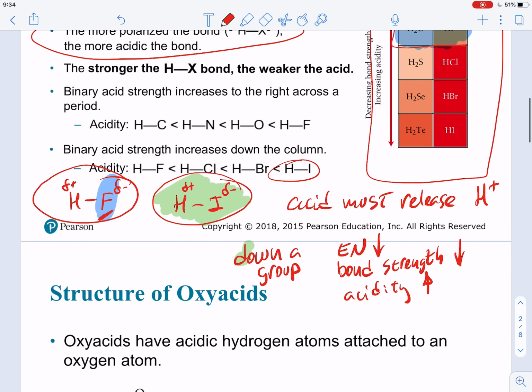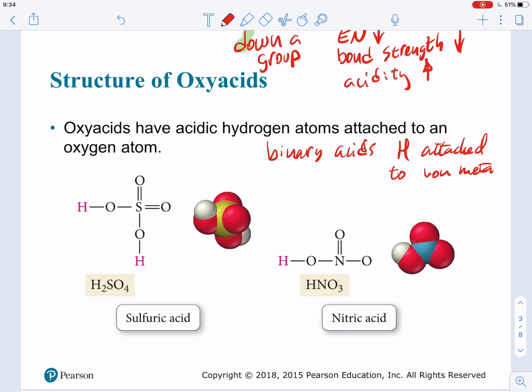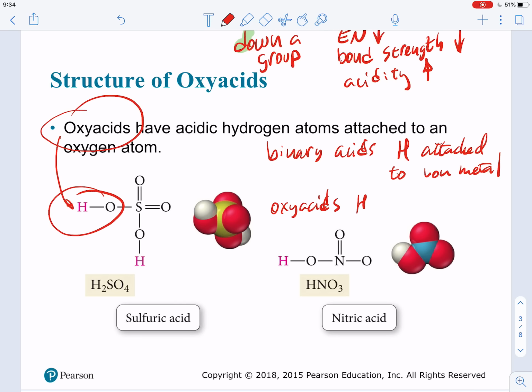In the binary acids, the proton is attached to a nonmetal. In the oxyacids, the proton is always attached to oxygen. Okay? Oxyacids, a proton attached to oxygen.